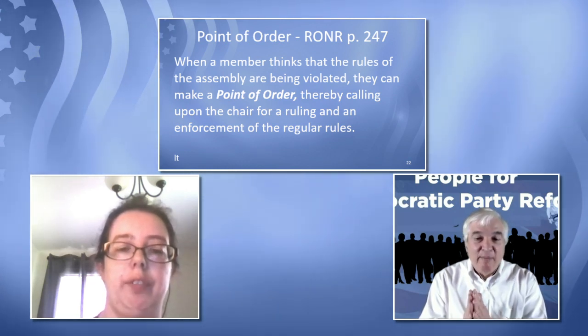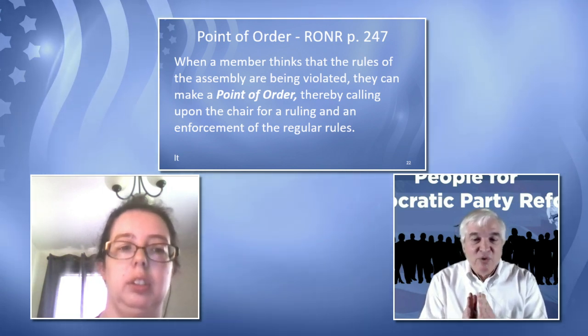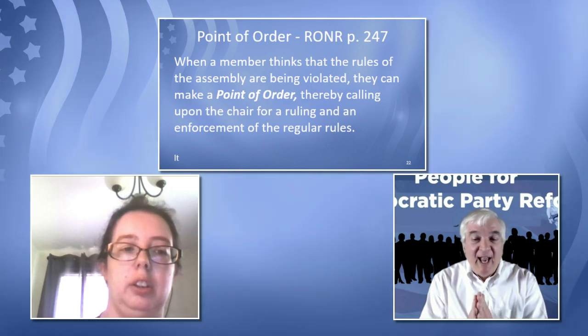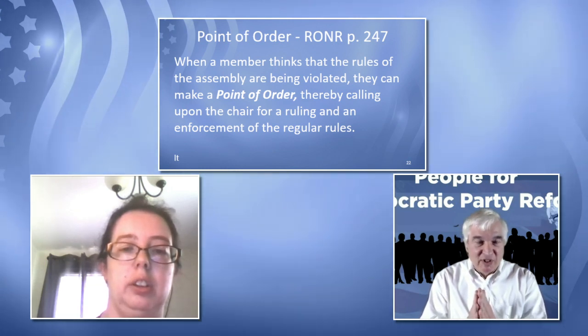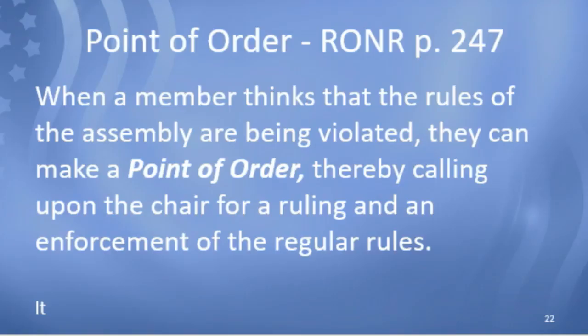That's when a member thinks that the rules of the assembly are being violated. This is when you make a point of order, thereby calling upon the chair for a ruling and an enforcement of the regular rules. So if you see something going incorrectly, you can say point of order, and then the chair should recognize, if they are in error, that the meeting has gone incorrectly, and they should correct it.